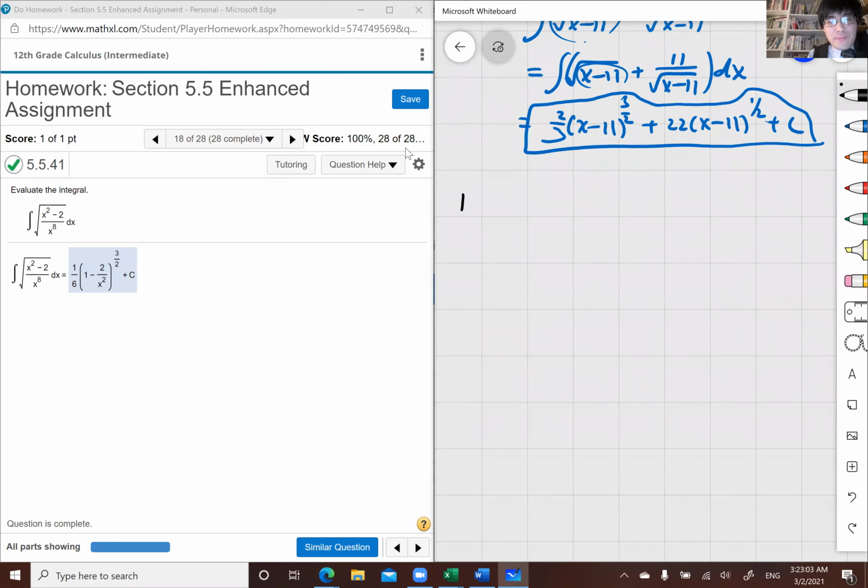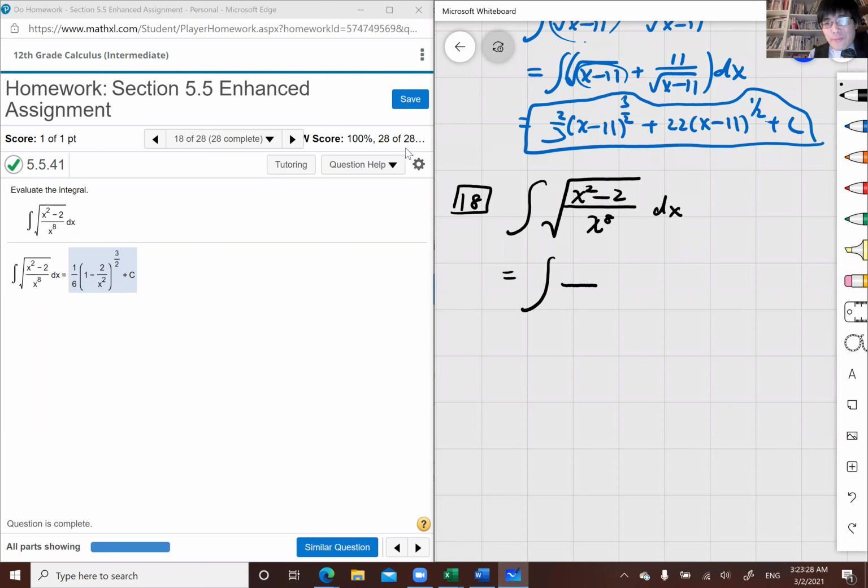Number 18. Integral of square root of x squared minus 2 over x to the fourth dx. Now, it's not clear what I should substitute. So first of all, let's simplify the denominator.